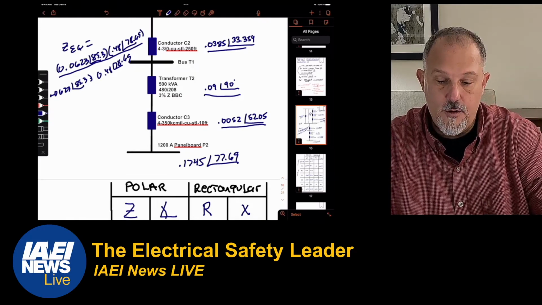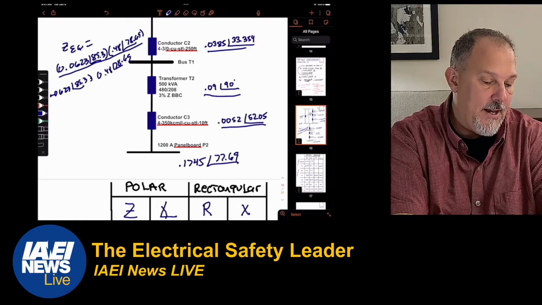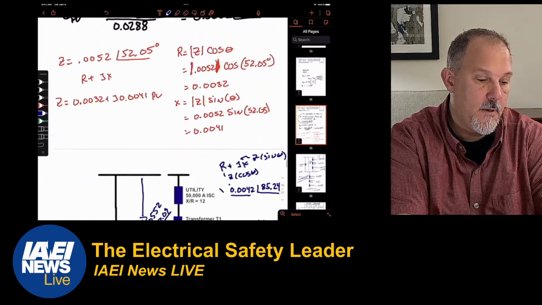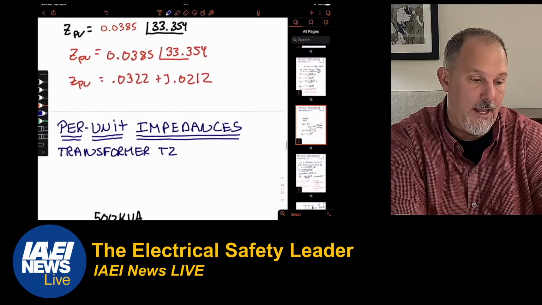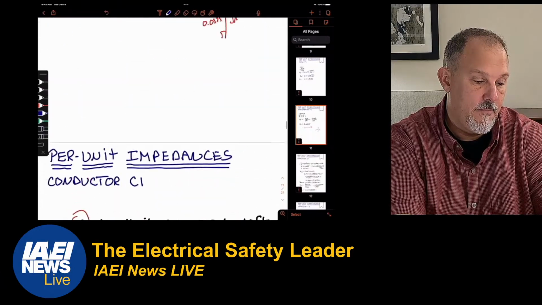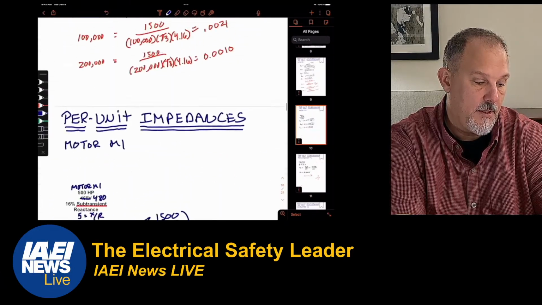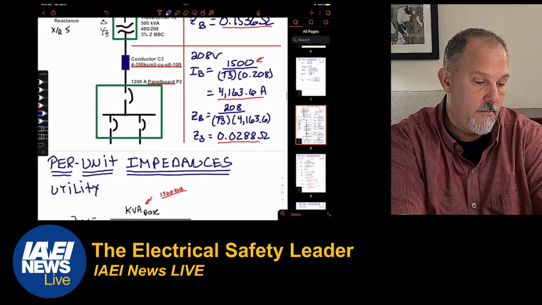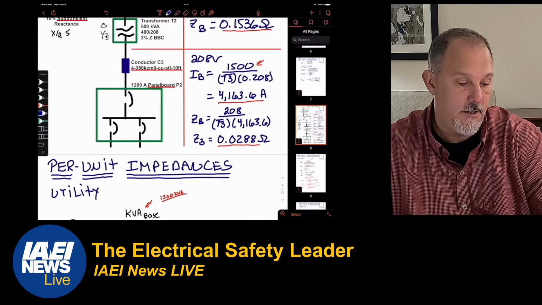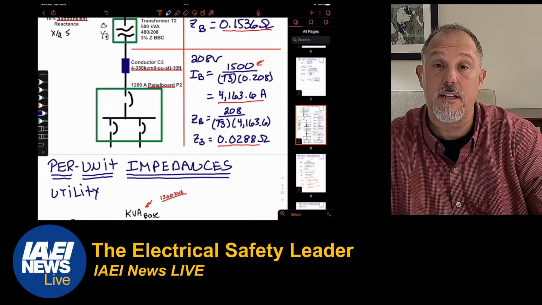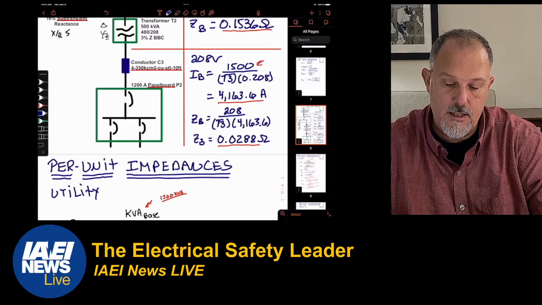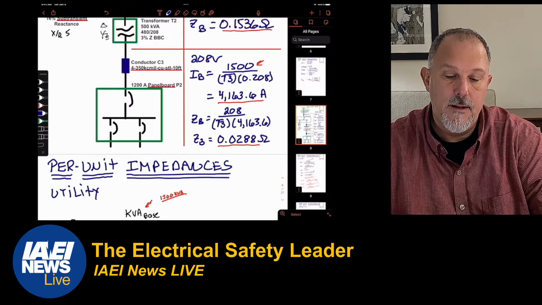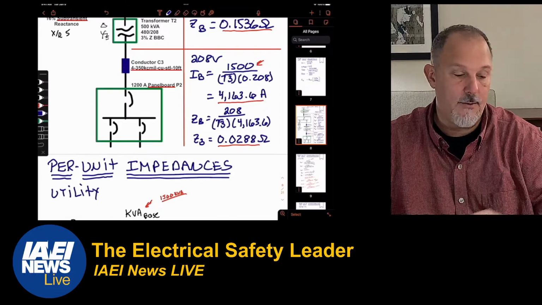Let's do a 1 over that and multiply that by the base amps. The base amps, 4163.6. 4163.6 times that is 23.9 kiloamps.